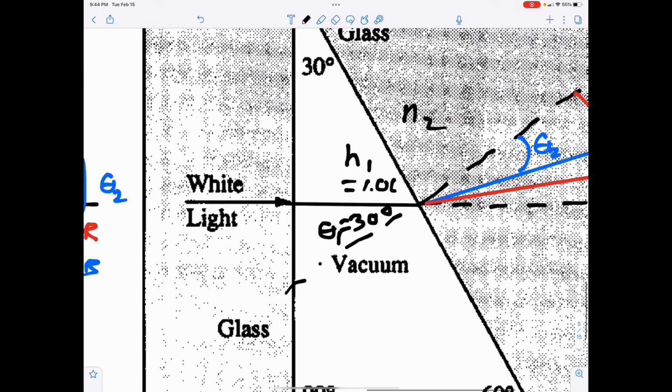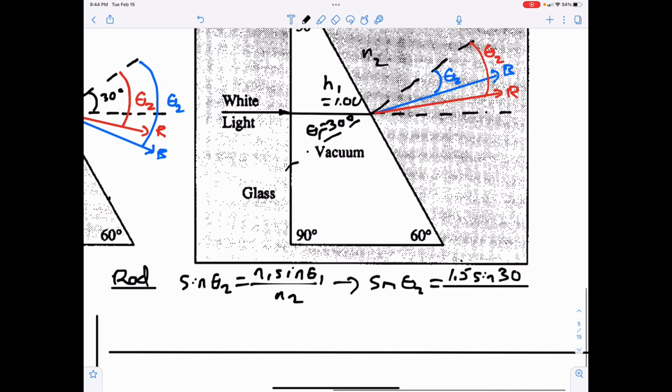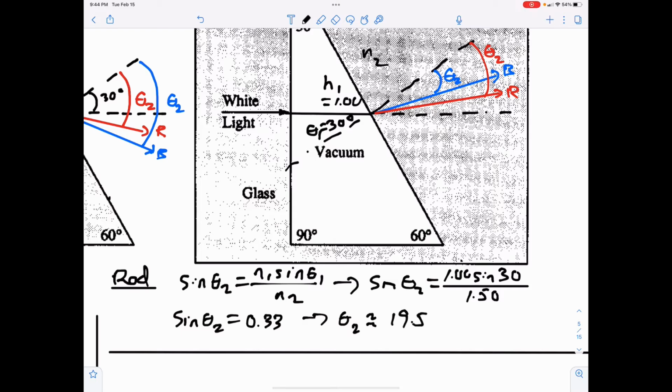We're going from 1 to 1.5. N2 is going to be glass. So I'm sorry, I have this backwards. This is going to be 1 times sine of 30 divided by 1.5. There we go. So sine of 30 divided by 1.5 is approximately 0.33. Take the arc sine of that. Theta 2 is approximately 19.5 degrees. You can see it's a much smaller angle now.